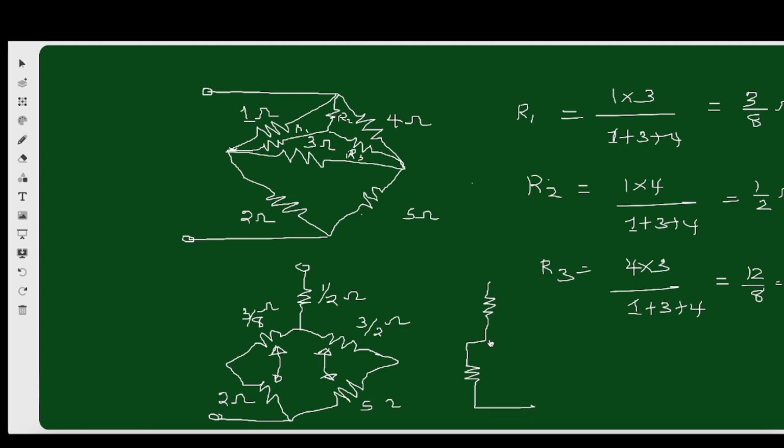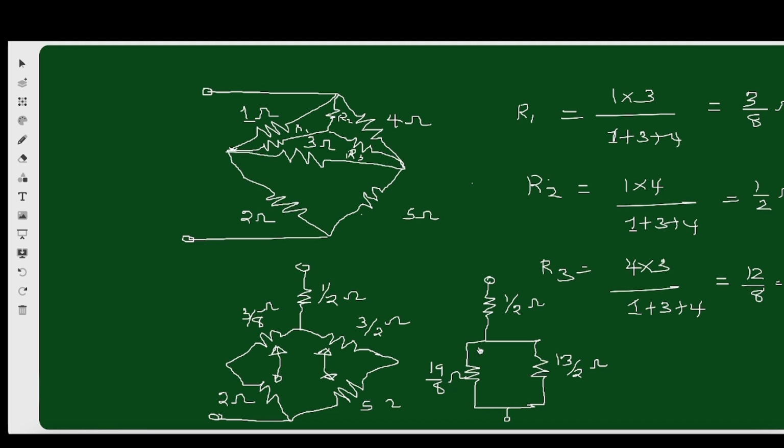And these two give 5 plus 3/2, that is 6.5, which is 13/2. So I have 13/2 ohms here, and this is 19/8 ohms, and this is 1/2. These two are in parallel.